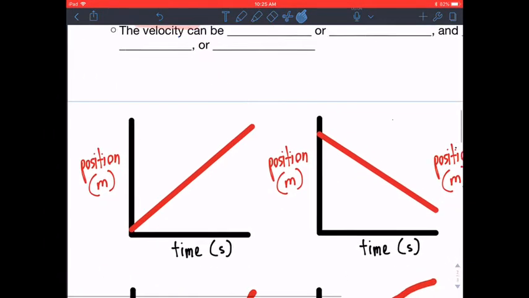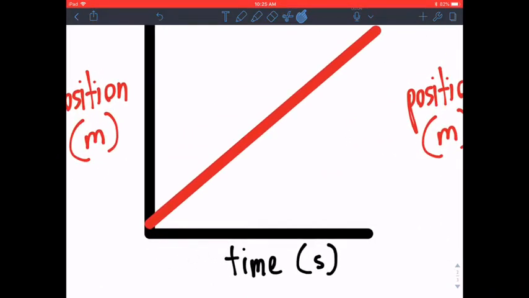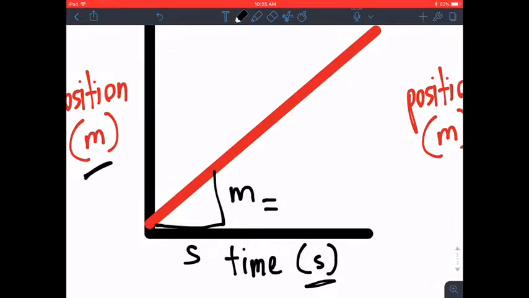Now, how do I know that? Well, I would come over here and look at the units of the y and the x-axis. This is meters, this is seconds. So if I'm finding the slope, the units of my slope are going to be meters for the rise and seconds for the run, which gives me a slope unit of meters per second when I do rise over run. You should realize that this unit is the unit of velocity.